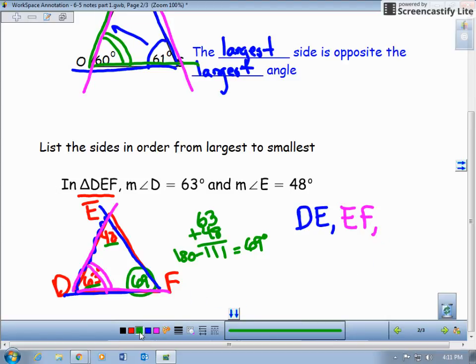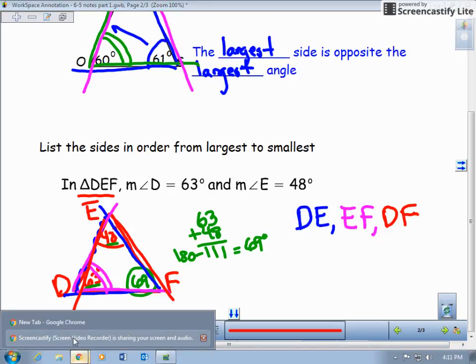And then your smallest side would be the side that's opposite the 48. The 48 would open up to a side that's DF. And so DF would be your smallest side. Okay, guys, there are your inequalities in a triangle.